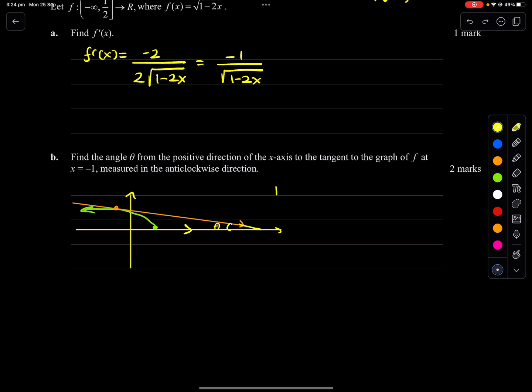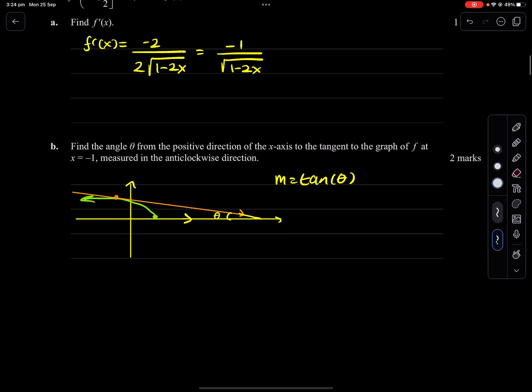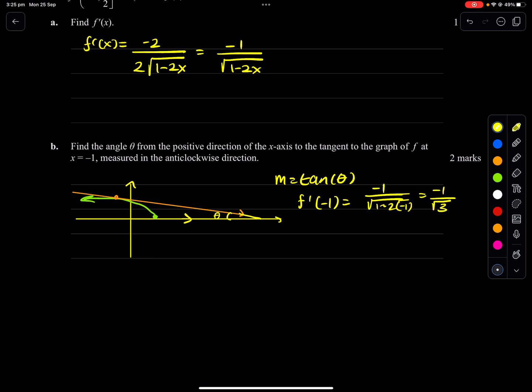Now you should know the formula m equals tan theta. So our m is the gradient of the tangent, which is f dash of negative 1. It'll be negative 1 over square root of 1 minus 2 times negative 1, which is negative 1 over square root 3. So then what is the inverse tan of negative 1 over root 3?